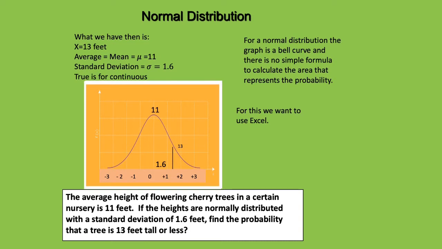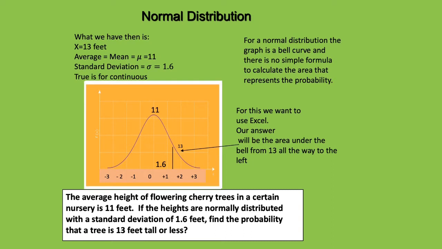Now we have pretty much all of the information that we need, and our answer is going to be the area under the bell from the X value, in this case 13, all the way to the left. All of the area underneath that bell. When we calculate what that area is, we're going to have the number that we're actually looking for.